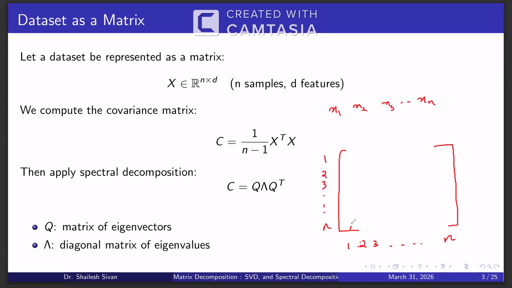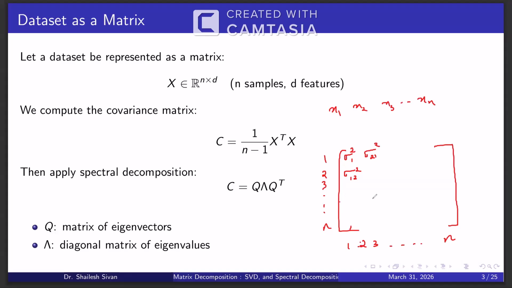First row and first column is simply sigma square 1, that is simply the variance of the first. But what is this? This is sigma 1 2 square, or here sigma 2 1 square. That is the covariance of the second feature and the first feature.